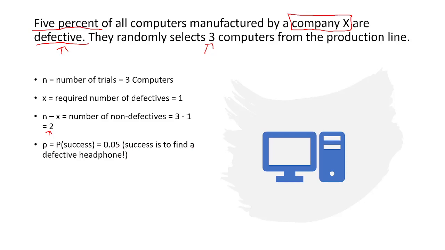Success is to find a defective computer. I wrote headphone by mistake; it should say computer. And q is the probability of failure, which is 1 minus p, equal to 0.95.